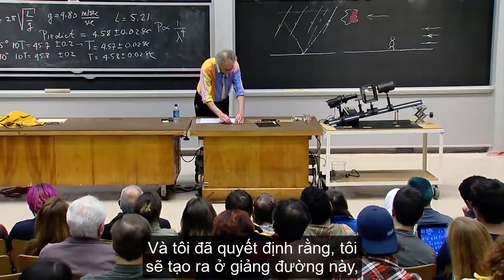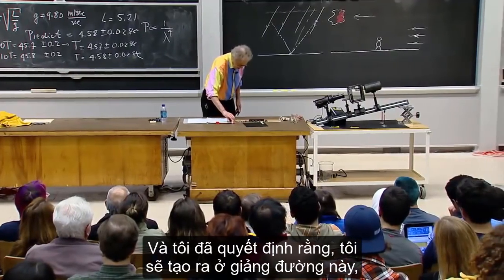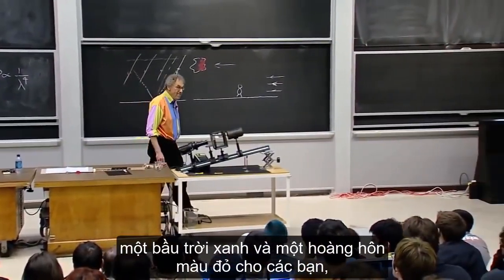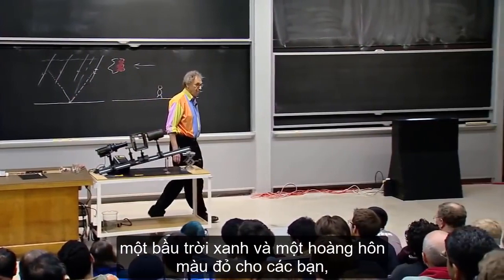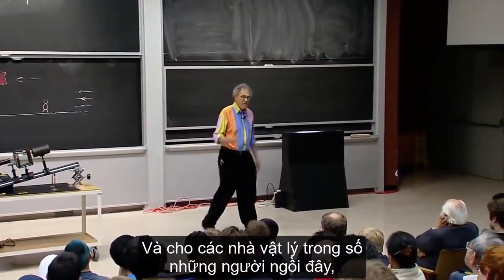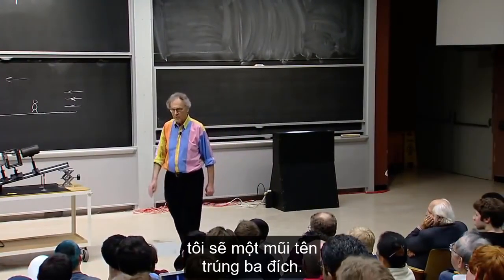And so I have decided that I'm going to create in 26.100 a blue sky for you and a red sunset, killing two birds with one stone. And for the physicists in my audience, I'm going to kill three birds with one stone.